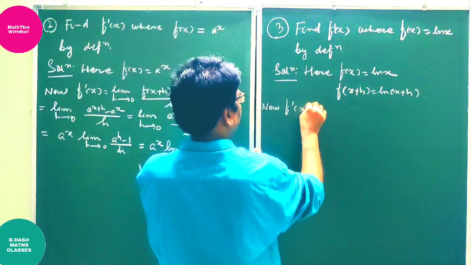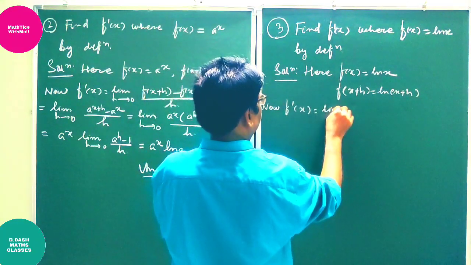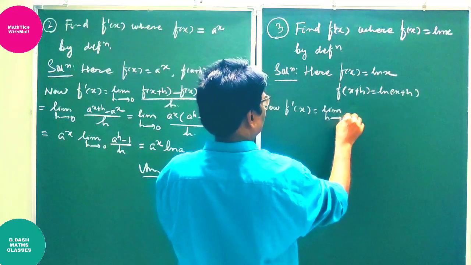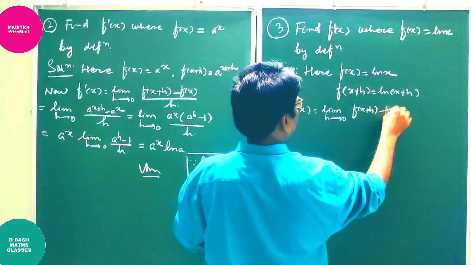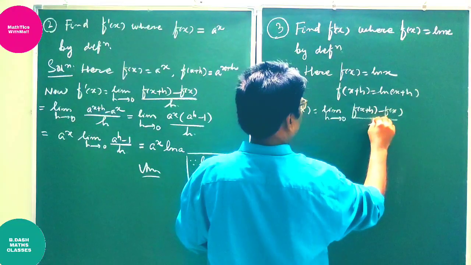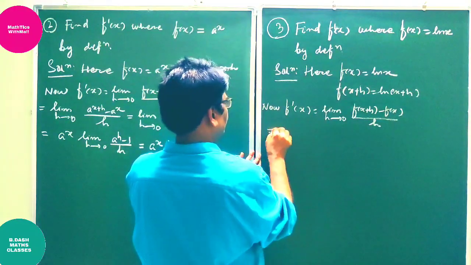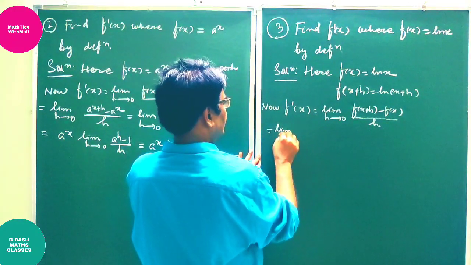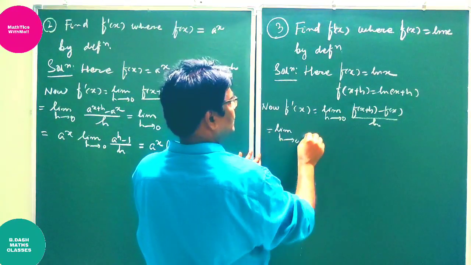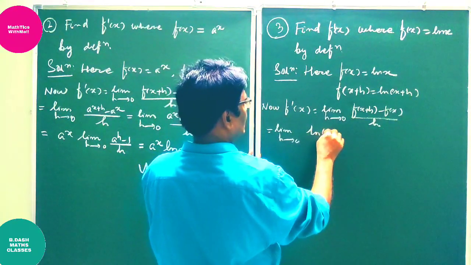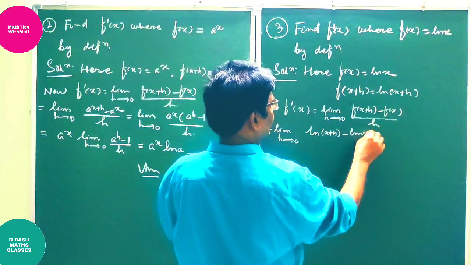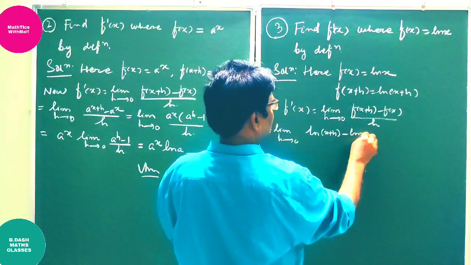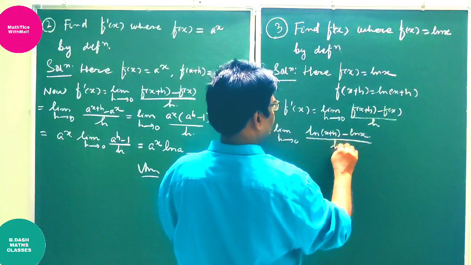Now f dash of x is equal to limit h tending to 0, f of x plus h minus f(x) by h. So this is equal to limit h tending to 0, ln of x plus h minus ln x divided by h.